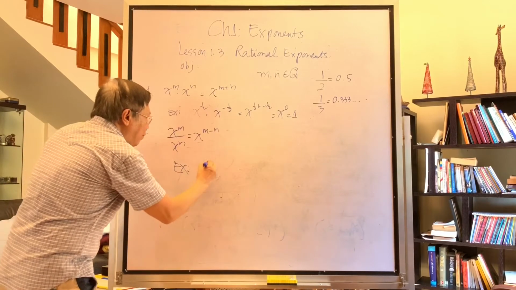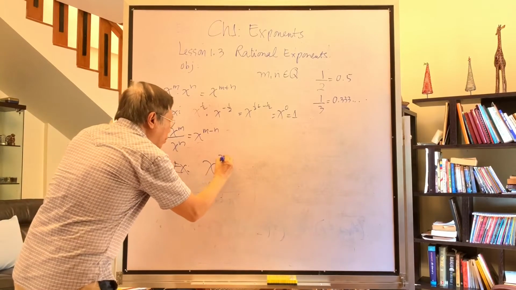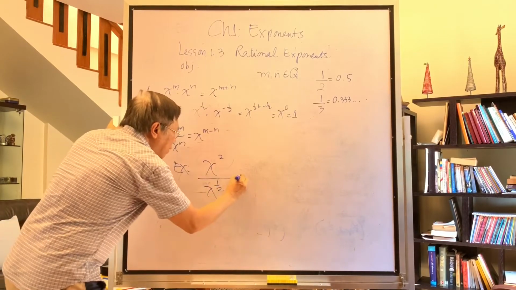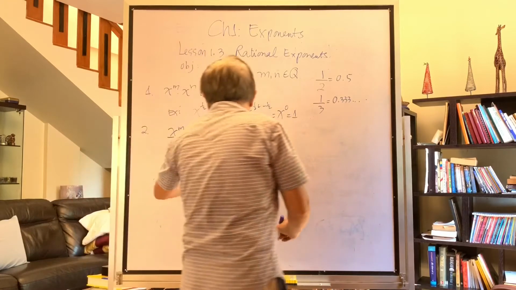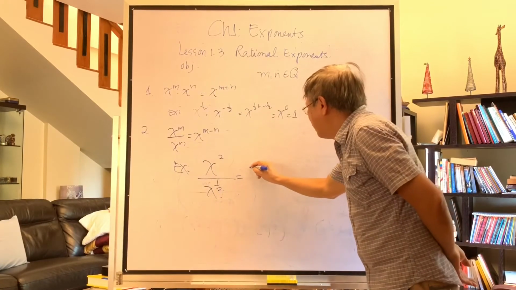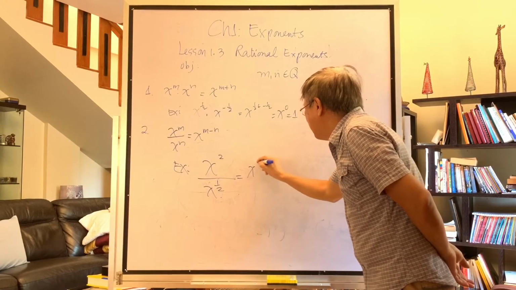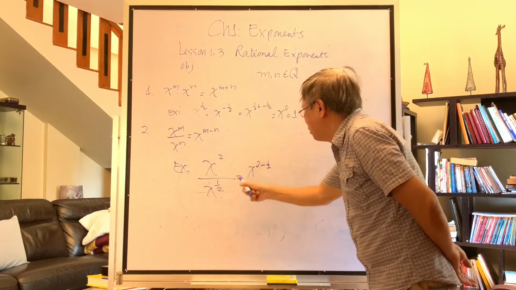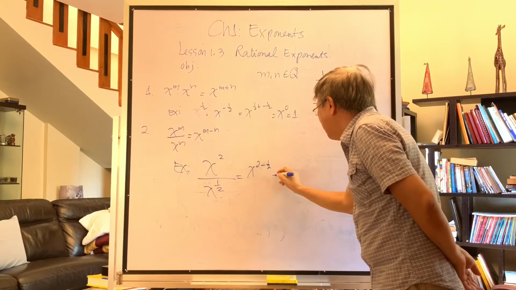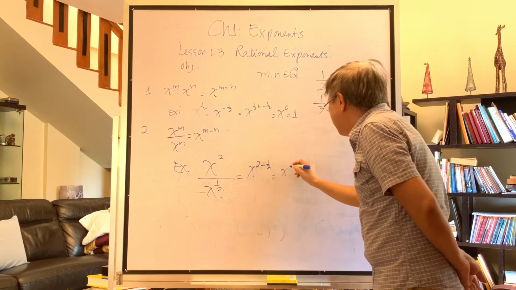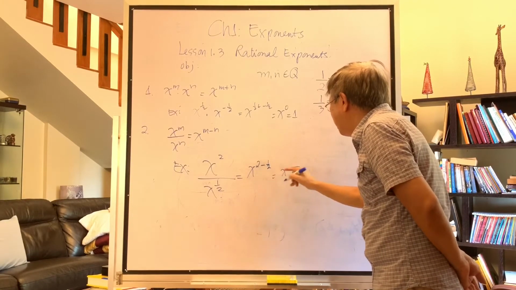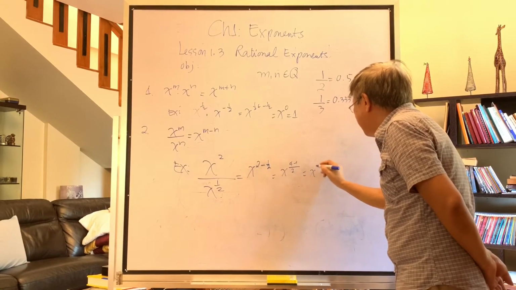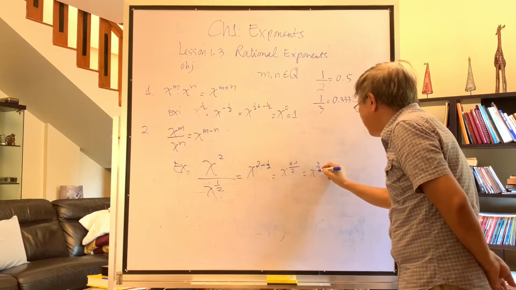Example, if you have here x to the 2 over x to the 1/2, what you just have to do is follow that law still, but here we are dealing with not only whole numbers, but we have a fraction. So 2 minus 1/2 will give me x, LCD here is 2. This will be 4 minus 1, or this is x to the 3 over 2.